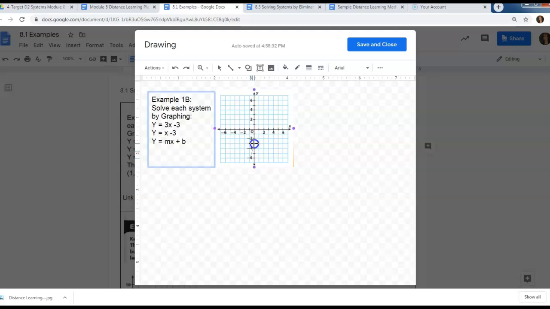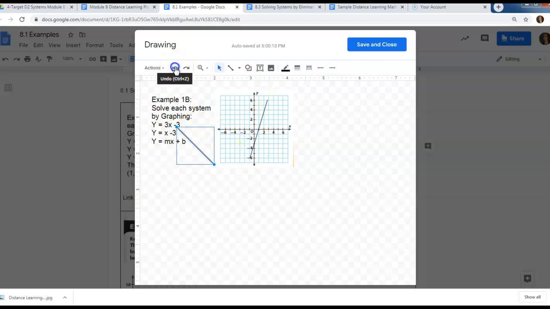From here I go up 3 to the right 1, and again up 3 to the right 1. So I graph it, and I'm looking at the center of the cross to make sure I counted correctly and the points are nicely lined up, because they have to be neat.